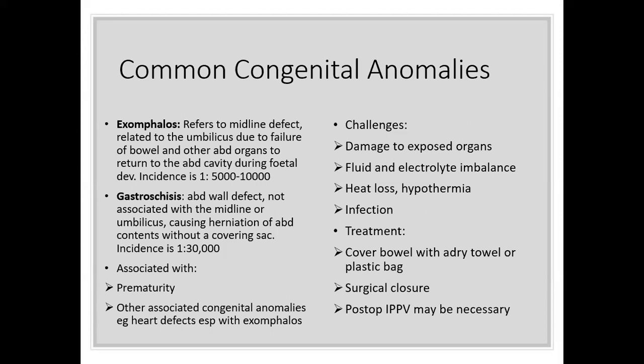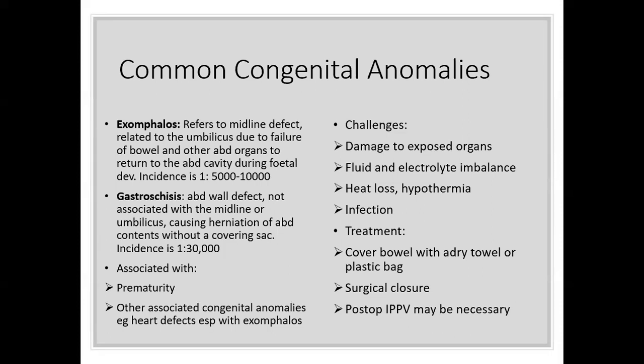It's rarer, with an incidence of about 1 in 30,000 live births. But GI congenital abnormalities are actually associated with prematurity. Children born premature is also common in patients with other congenital abnormalities, such as heart defects.